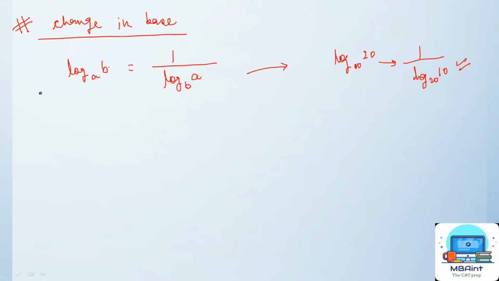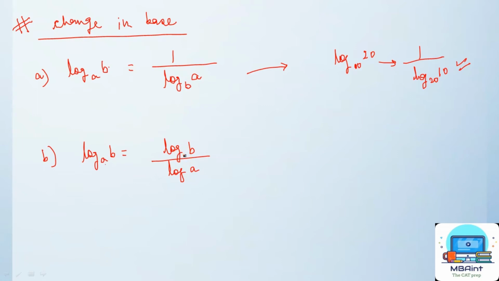There's one more property related to change in base which we have discussed initially. If I have log with a as the base and b as the value, I can write this as log b upon log a, assuming that both of them have the same base.